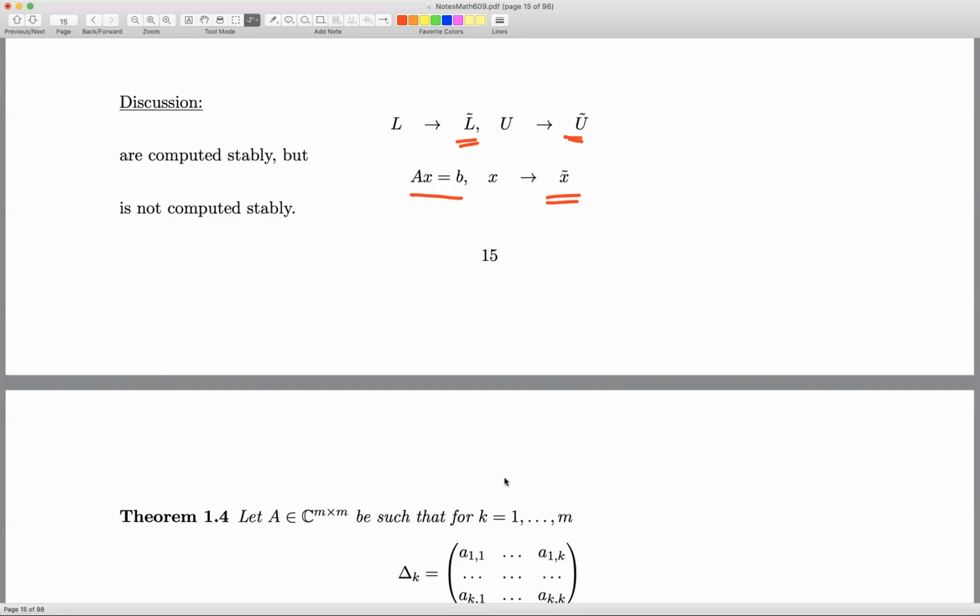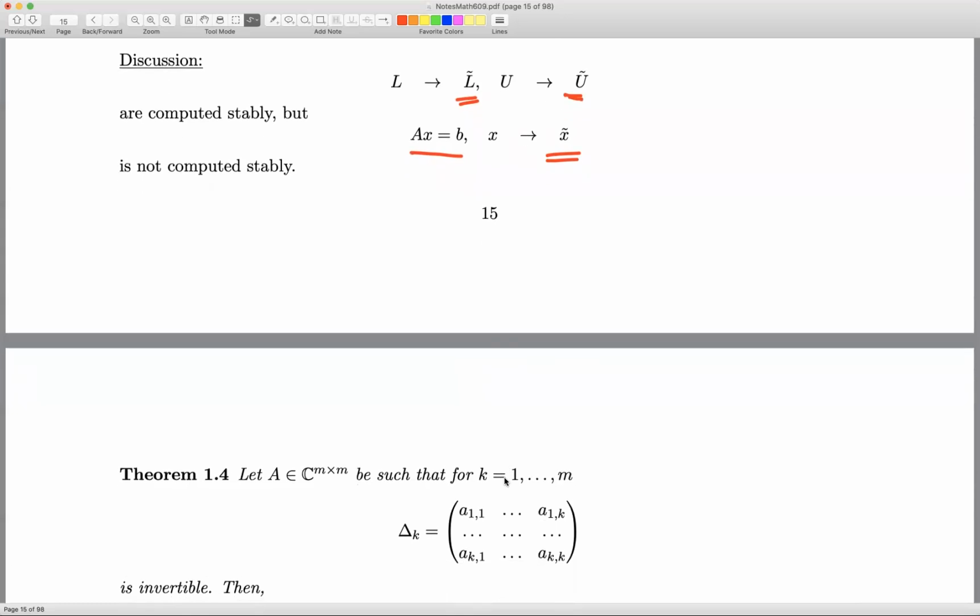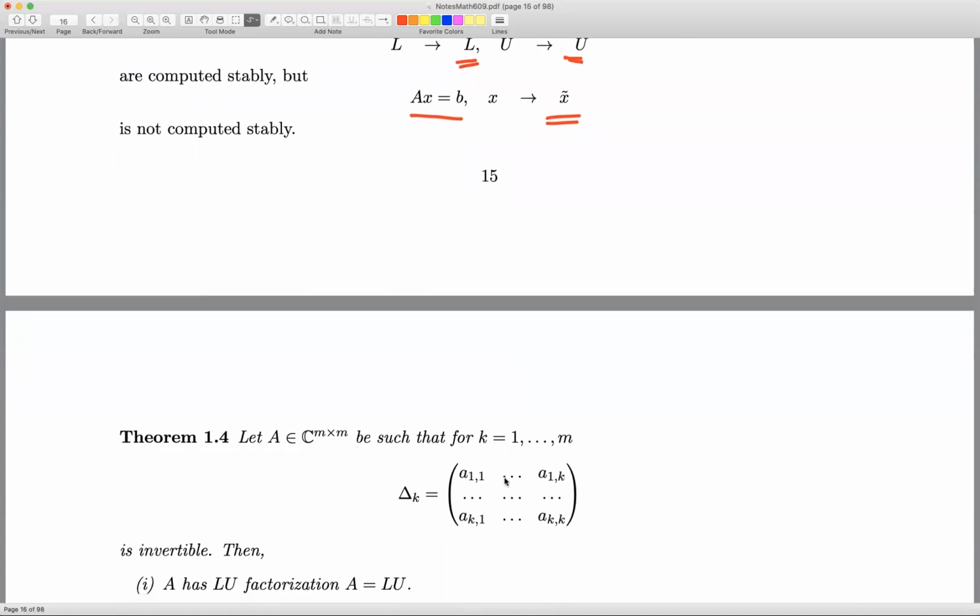So before going further, I am just going to mention a theorem which we are not going to prove. The theorem states the following: suppose we have a matrix A of dimension m times m, such that all the matrices derived from its upper left corner satisfy a condition. Here we have A1,1, which can be viewed as one matrix. Then we have this matrix A2, this upper left corner matrix, and so on.